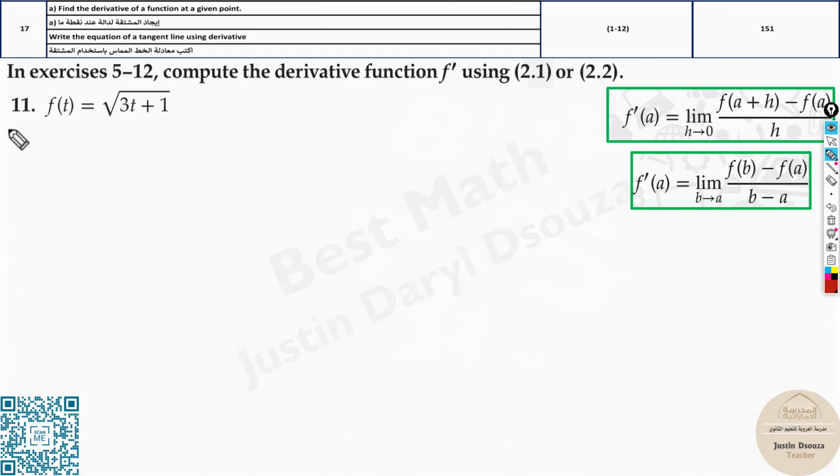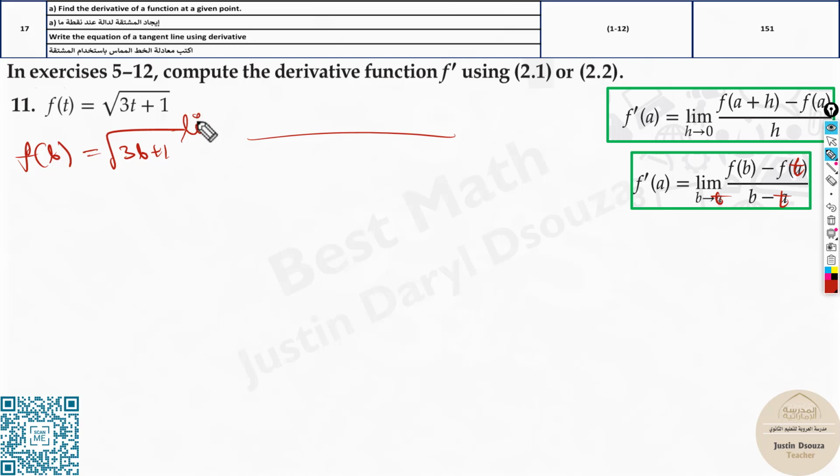Okay, I will do this one, the square root. Again, I'm going to use the second formula itself. F of t is there, so don't take a as x. Let's take it as t because that is the variable over here. F of b will be square root of 3b plus 1. So what is the formula?